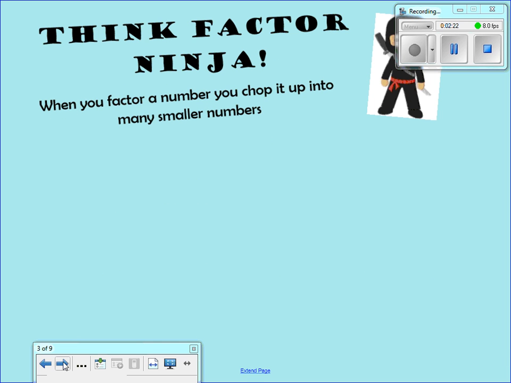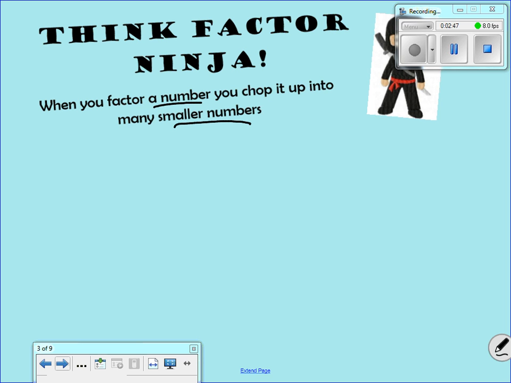So one way, if you struggle with remembering what factoring is, is to think of Factor Ninja. Ninjas chop up things. If any of you have played Fruit Ninja, a fun game, you chop up fruit really fast. So when you think of factoring, think of Fruit Ninja because you're chopping a larger number into smaller numbers.